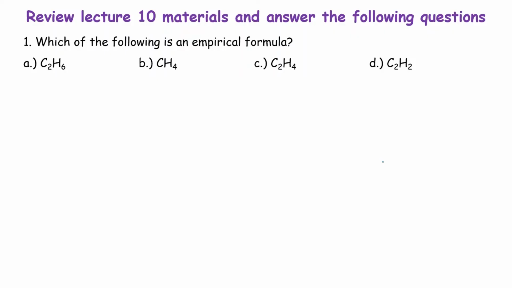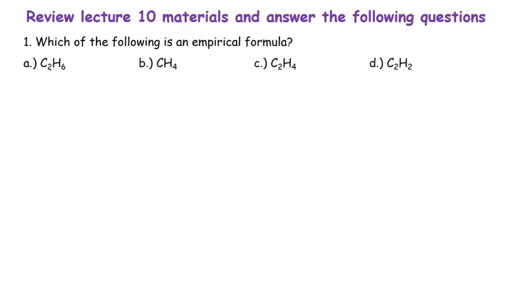Okay, this is the end of lecture 10 quiz questions. I'll quickly work on number 1. Which of the following is an empirical formula? Obviously, this one is not in its smallest whole number ratio, so therefore it's not. That should be out.